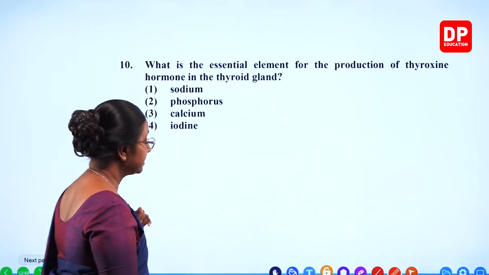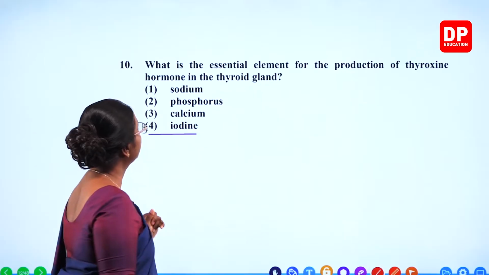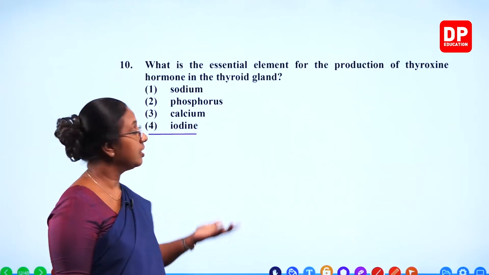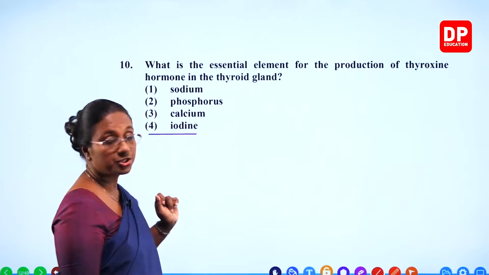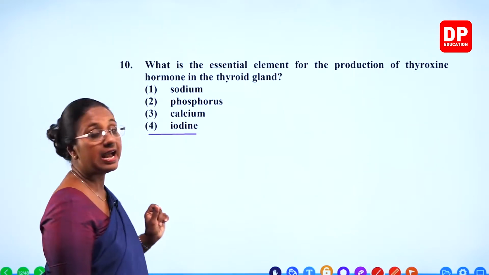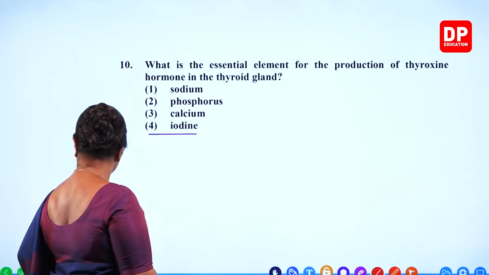So the answer is iodine. There are many other functions of sodium, phosphorus and calcium also, but here we need to find the element that is essential for the production of thyroxine, that is iodine. So with that, students, I'll move on to the next question.